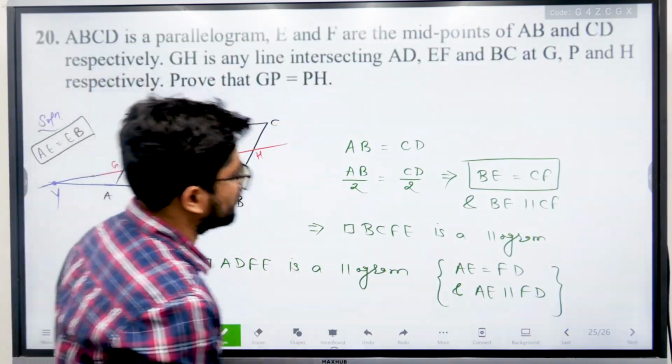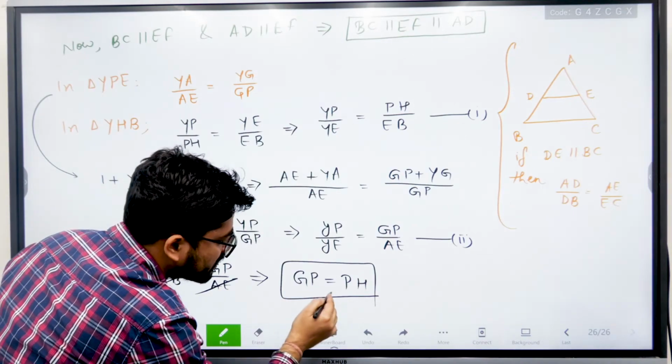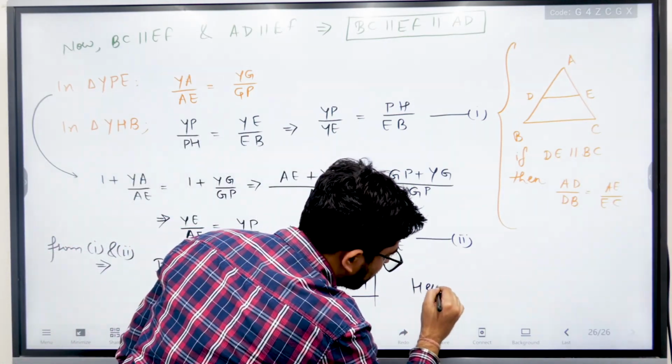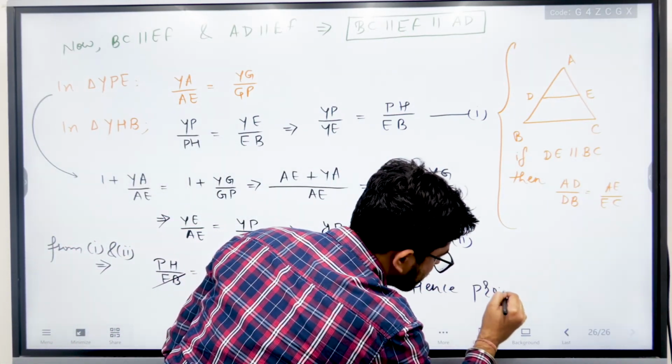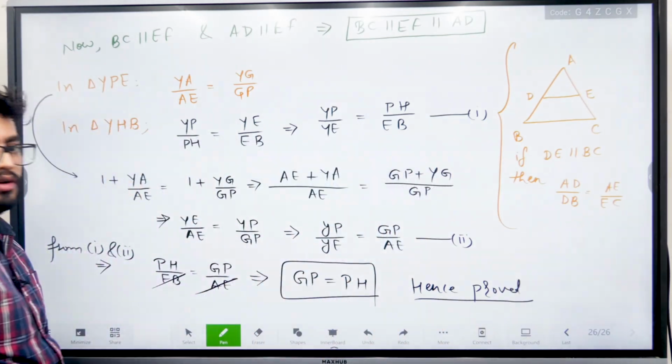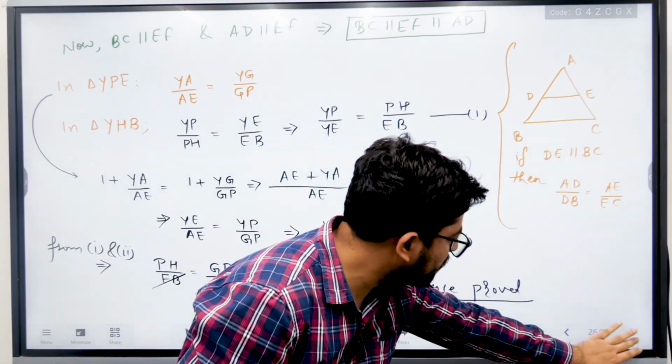GP is equal to PH. So this is the proof, hence proved. That's your last question.